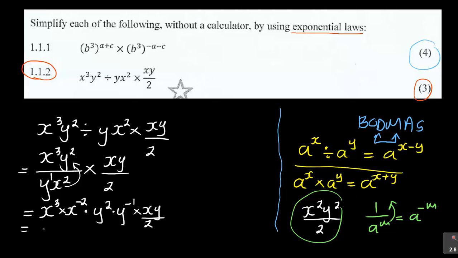Then when I simplify that, I now add using the first law, same base: x to the power of 3 plus negative 2, y to the power of 2 plus negative 1, and then you see there is an x also there, which I will have said, actually look at this, let me erase this.